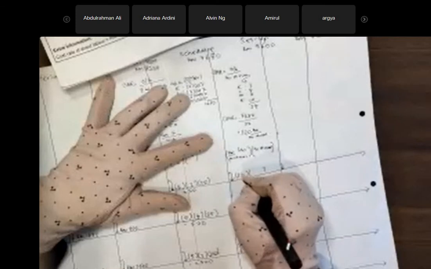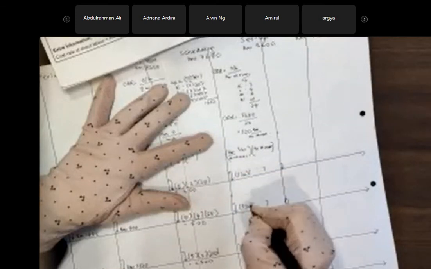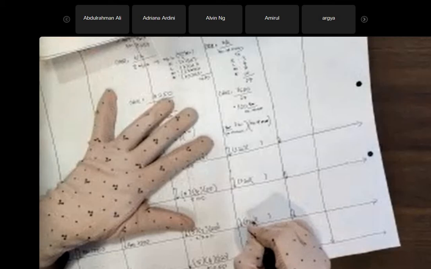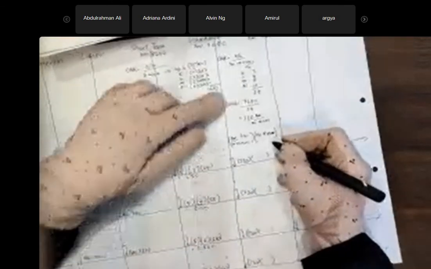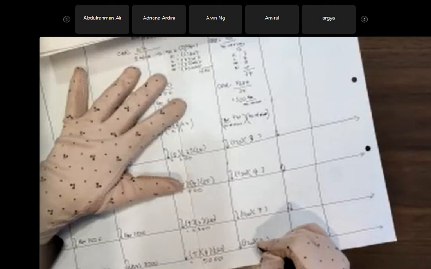Okay, 320 times the number of runs 3, 4, 7, 10.